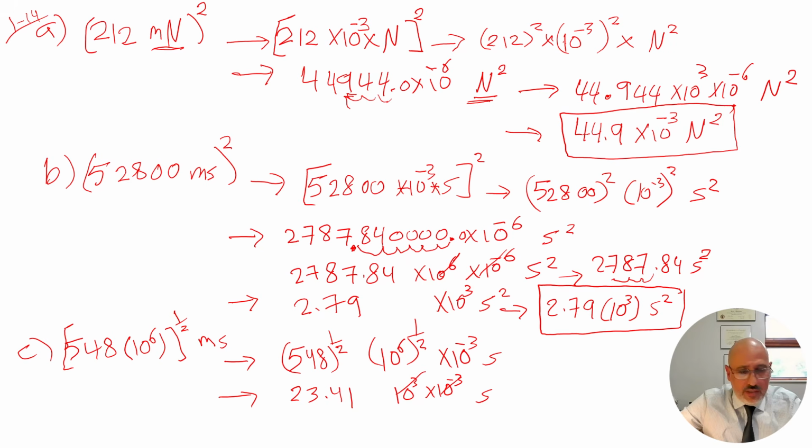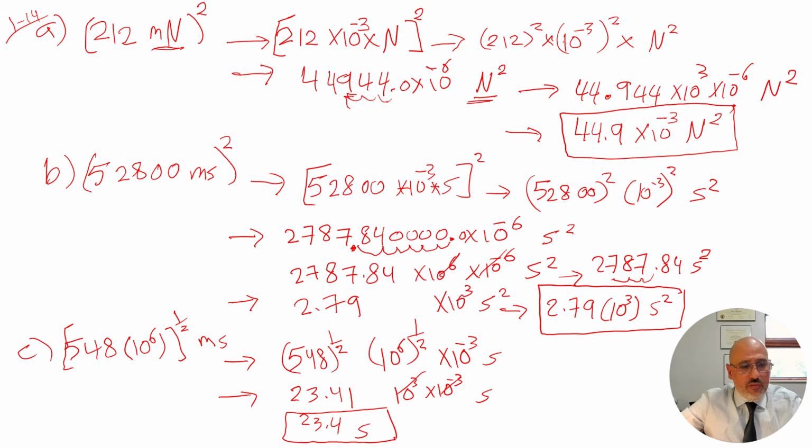This is still 4 significant figures. This is 1 and this is 4. The 1 is less than 5, we can ignore it, and we can just do the 23.4 in our rounding, seconds. And that is our final answer for this.